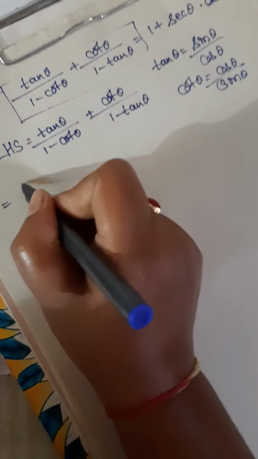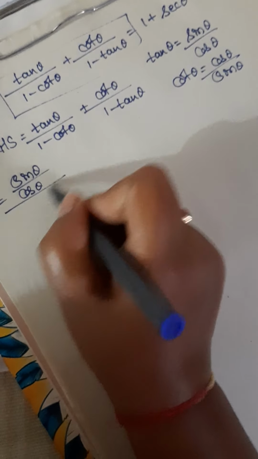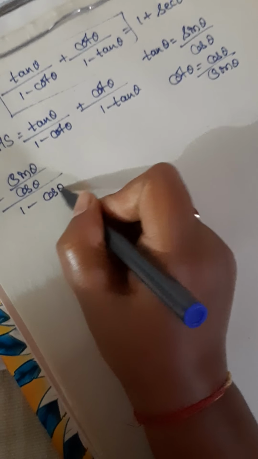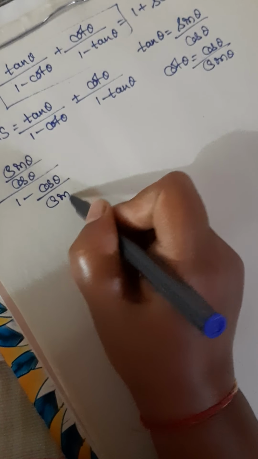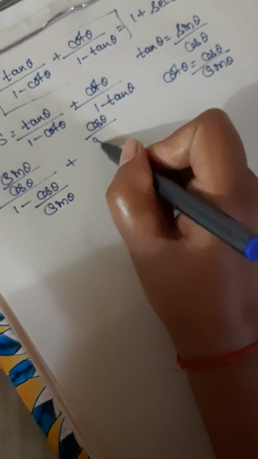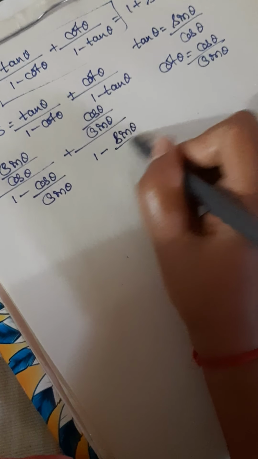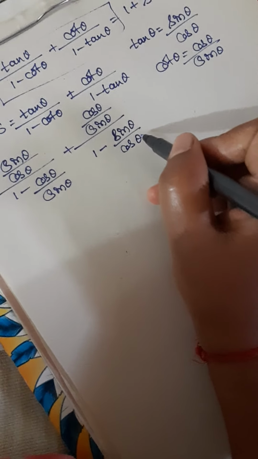So LHS is equal to tan theta by 1 minus cot theta plus cot theta by 1 minus tan theta. So solve this one. It will be sin theta divided by cos theta over 1 minus cos theta divided by sin theta, plus cos theta divided by sin theta over 1 minus sin theta divided by cos theta.